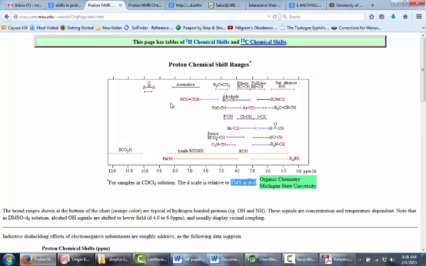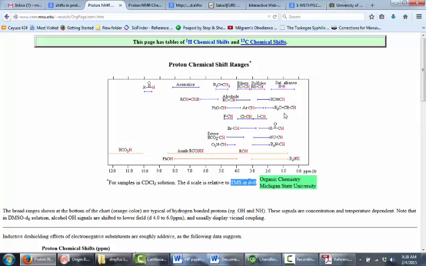And then you see aldehydes, which are also way down here. Okay, so these carboxylic acids and aldehydes are the least shielded. The saturated alkanes are the most shielded.